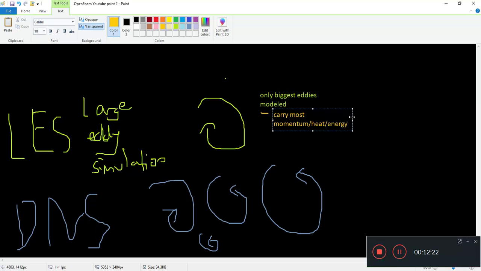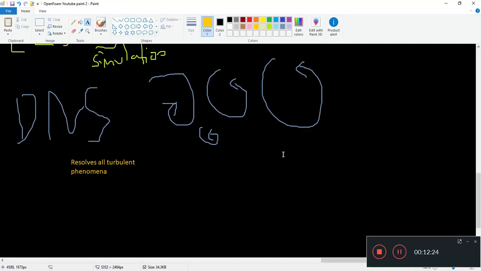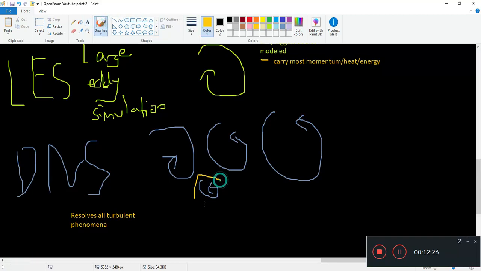When you talk about small eddies, small eddies actually dissipate a lot of energy. That's where most of the dissipation happens.